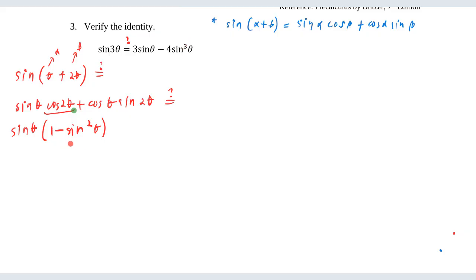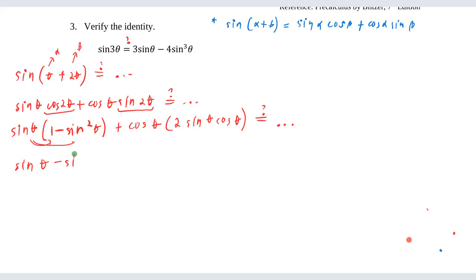That's the reason why I picked 1 minus 2 sine squared theta. And then plus cosine theta. Again, I'm going to replace the sine double angle. We only have one formula for that, which is 2 sine theta cosine theta. Next, I will be distributing the sine theta here. So I have sine theta minus 2 sine cube theta, and then plus, now I'm going to multiply this.